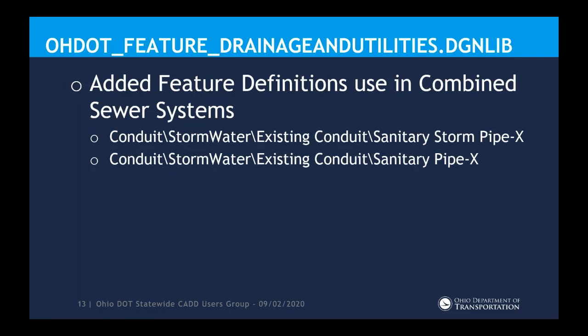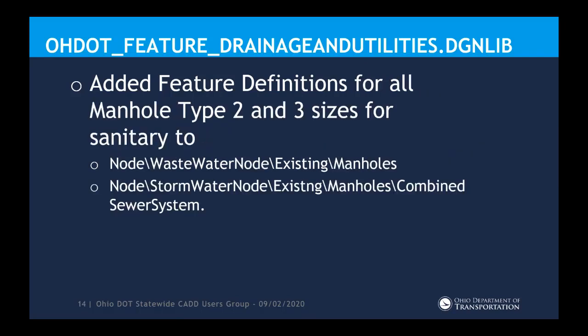As far as the feature definition DGN library for drainage and utilities, feature definitions were added for combined sewer systems. So there's two there for a sanitary storm pipe and a sanitary pipe. And feature definitions were added for manhole types 2 and 3 for the sanitary nodes to the features that you are listed there.